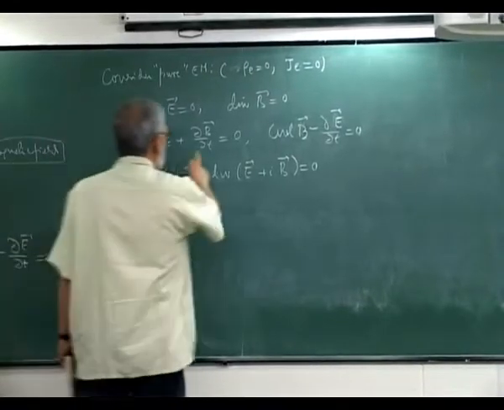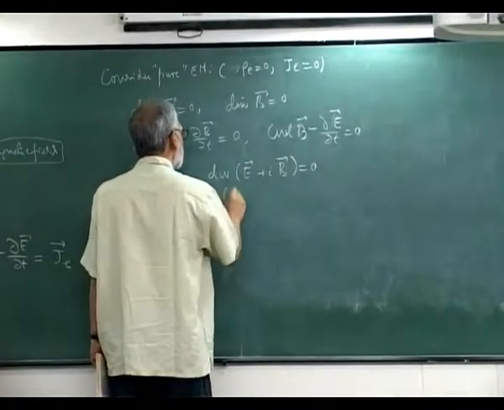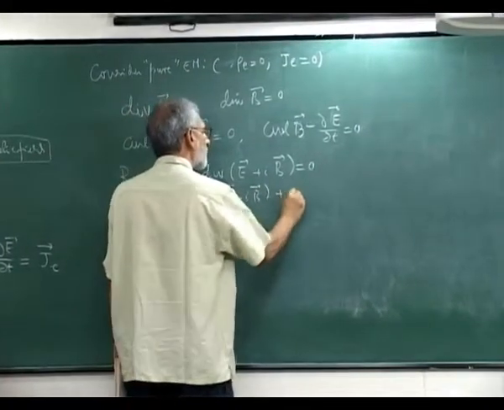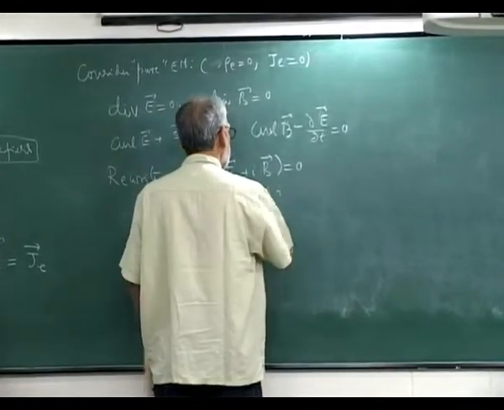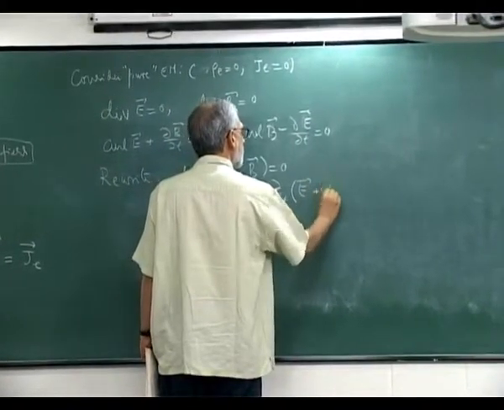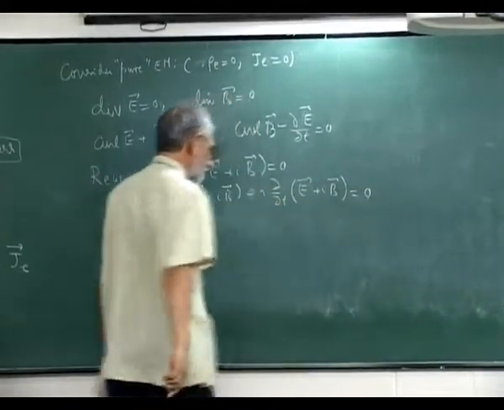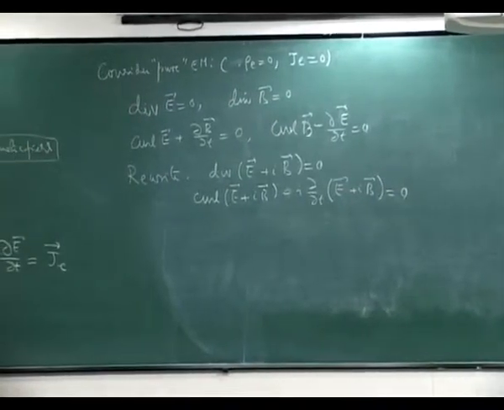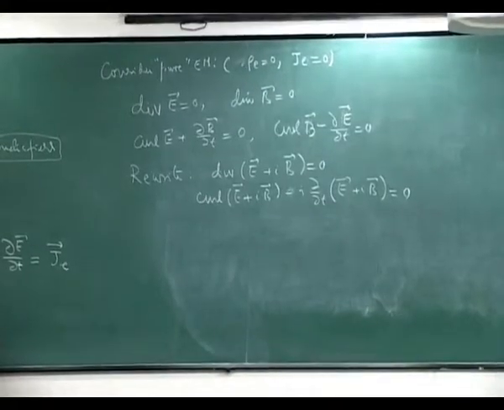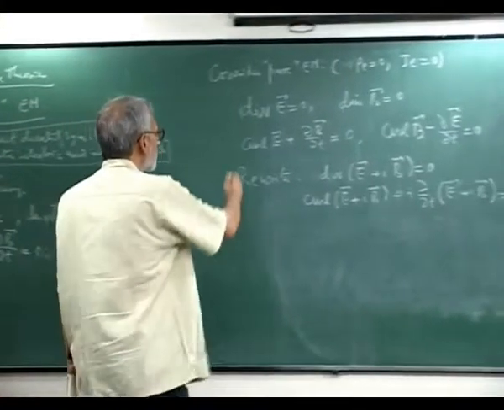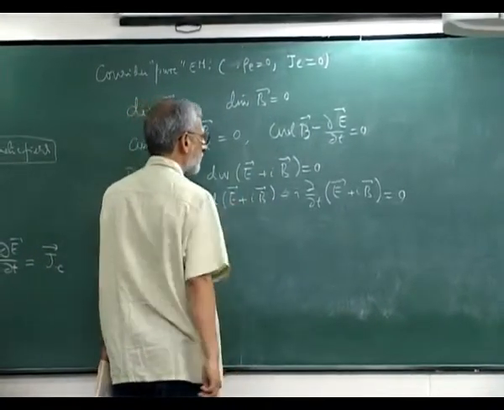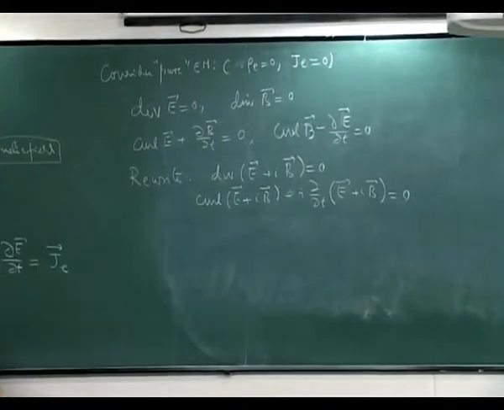And combine these two equations as curl of (E plus IB) plus I times d by dt of (E plus IB) is 0. Just rewrite these by combining this set of equations, these two, into one complex equation, and these two into one complex equation.